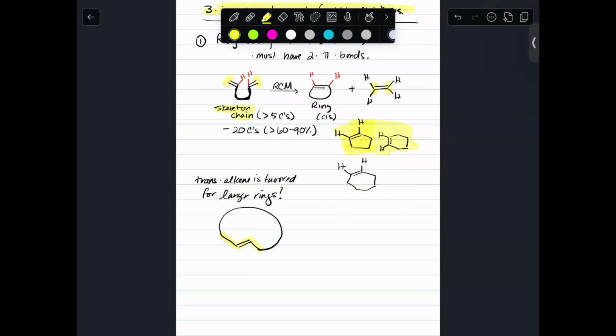Smaller rings than five-membered rings are difficult to make because they're strained. So three and four-membered rings are super difficult to make because they're strained. And anything above six-membered rings are really hard to make because to get the two ends to join to form a seven, eight-membered ring is nearly impossible. So the fact that they were able to accomplish this obviously was impressive and won them the Nobel Prize in chemistry.